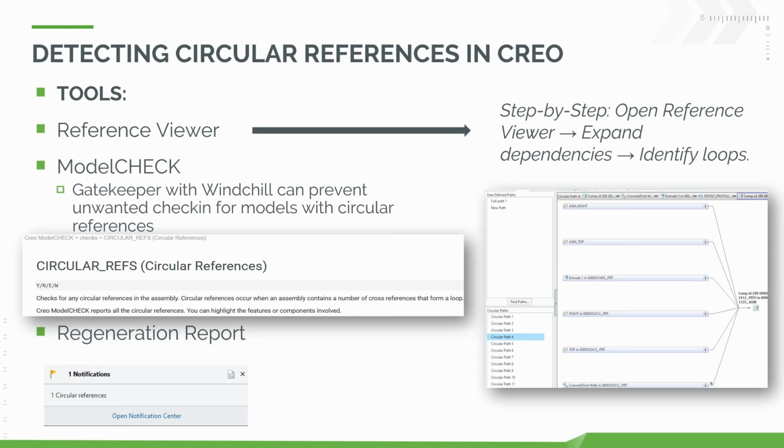There is a check inside model check that can determine whether or not there's a circular reference in a model. And I've included a screenshot there. There is what's called a gatekeeper, I believe. I think it's still called that inside Windchill, when model check basically checks files coming into Windchill for a set of criteria, and if they match, for example, it's got a circular reference in it, you can't check in.